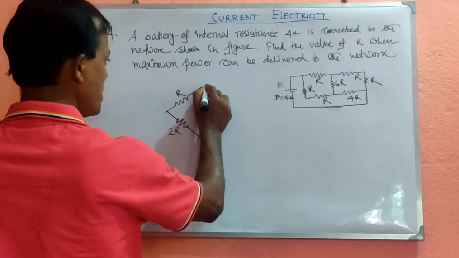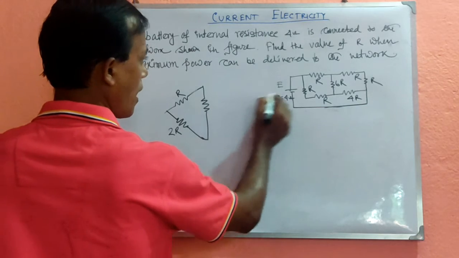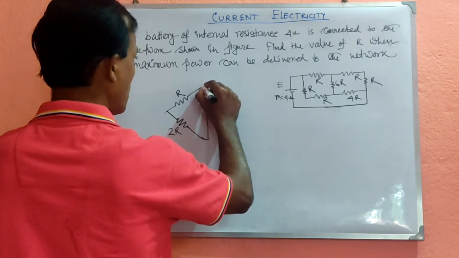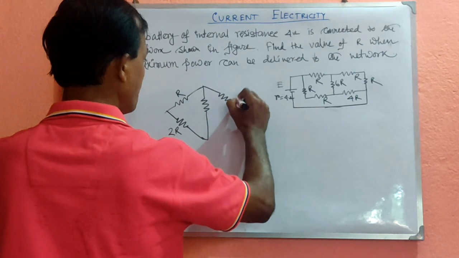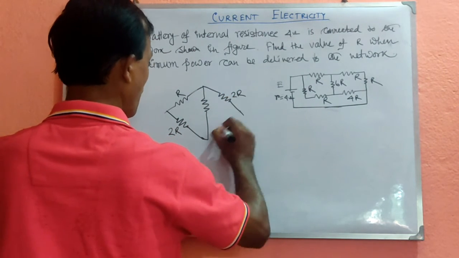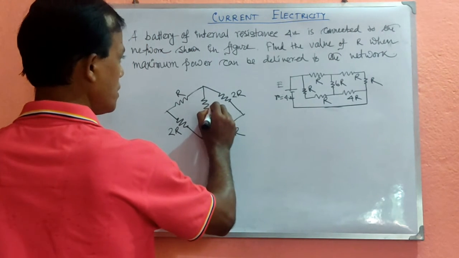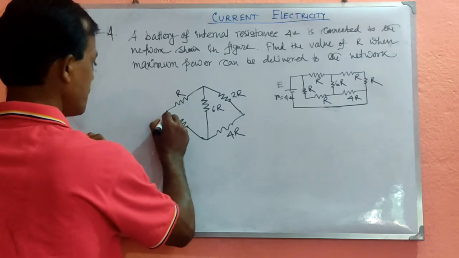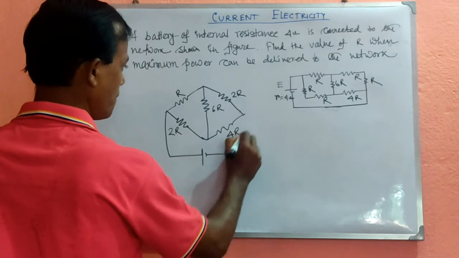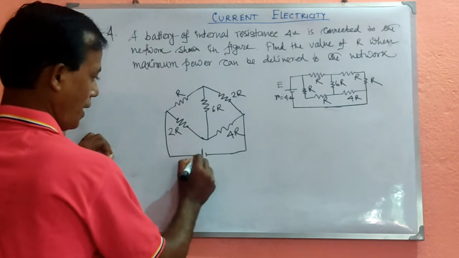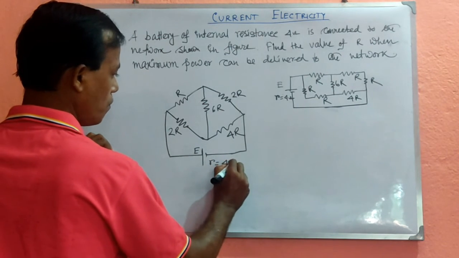This 6 ohm is here, and this R and R in series, 2R, and here the resistance is 4R, 6R, and battery is connected here. E, internal resistance is equal to 4 ohm.